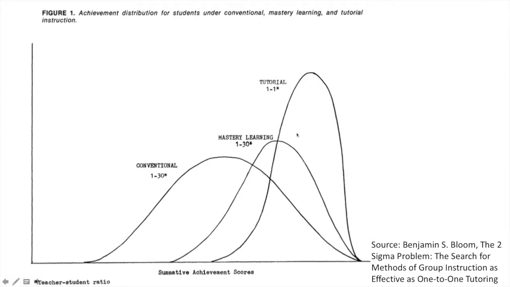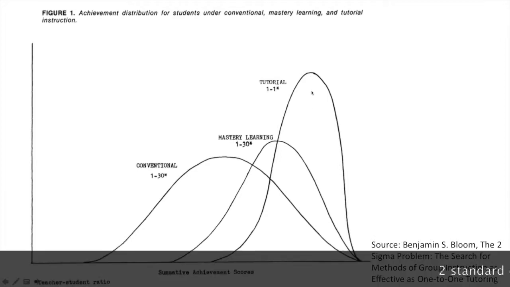But you could see here this huge increase in student performance if they are tutored one-on-one or even one in small group. And this is what he started to refer to as the 2 sigma problem, because you have students that are doing better, 2 standard deviations or a sigma better than conventional instruction if they're tutored. So, the 2 sigma problem.